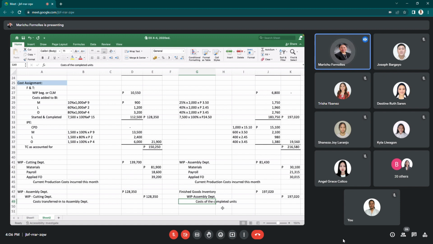So you add the desired markup and you will know at what price you will ask your customer to pay for the manufactured or completed products.